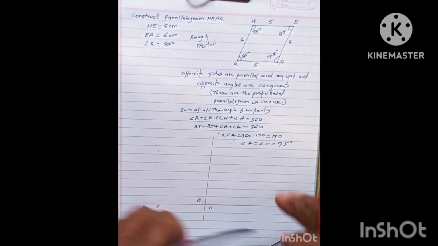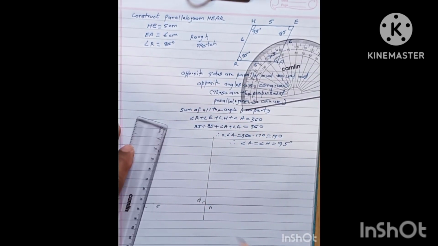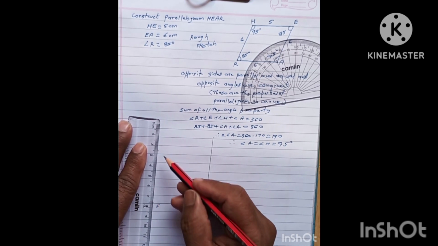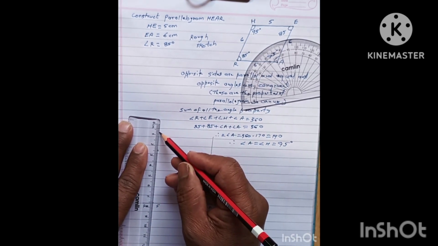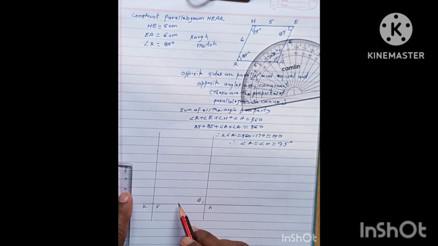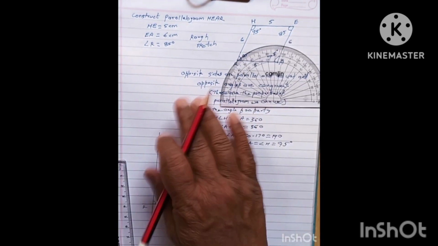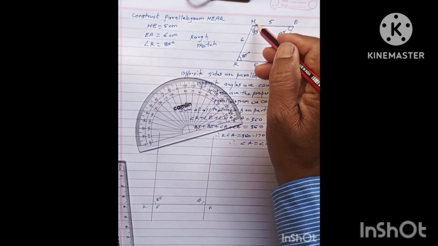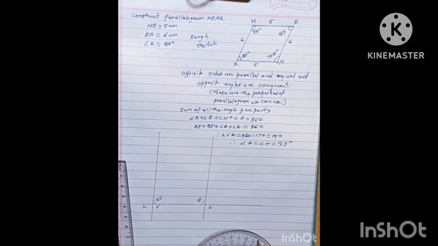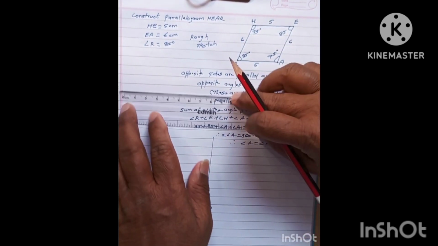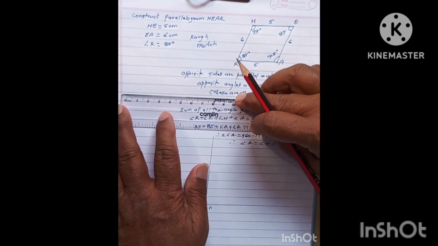I will tell you why I should take it like this. I am just confirming that both the points are on the line, and joining. Now this is 85, you need 6 centimeters, so we will take it by ruler somewhere.